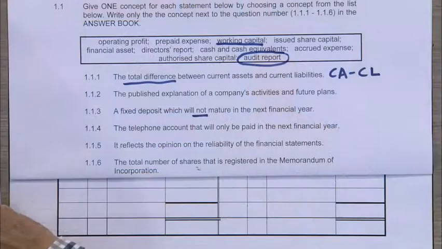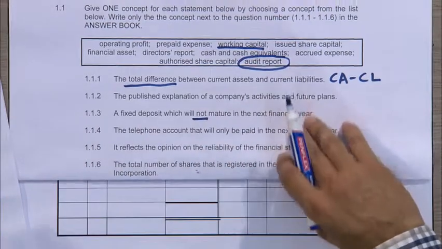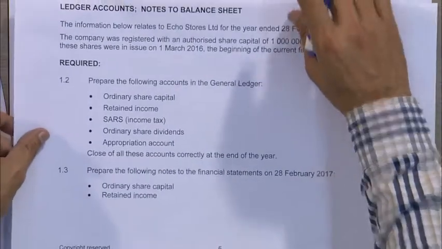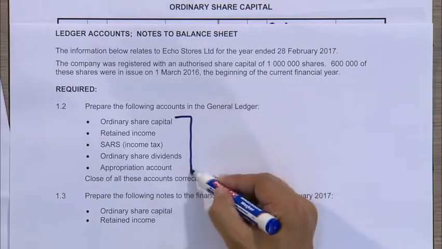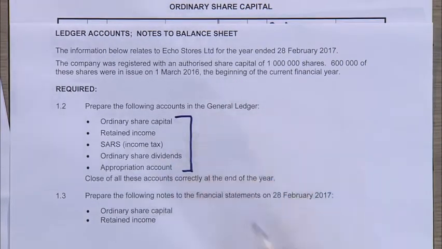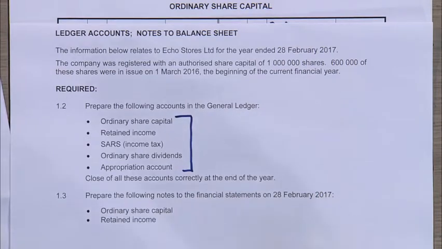Okay, let's move along and see what the rest of the question is asking us. Okay, the next part of the question involves ledger accounts, also a few notes to the balance sheet. Here you can see the ledger accounts. These are the ones that we have to open. They will also appear in your answer book.